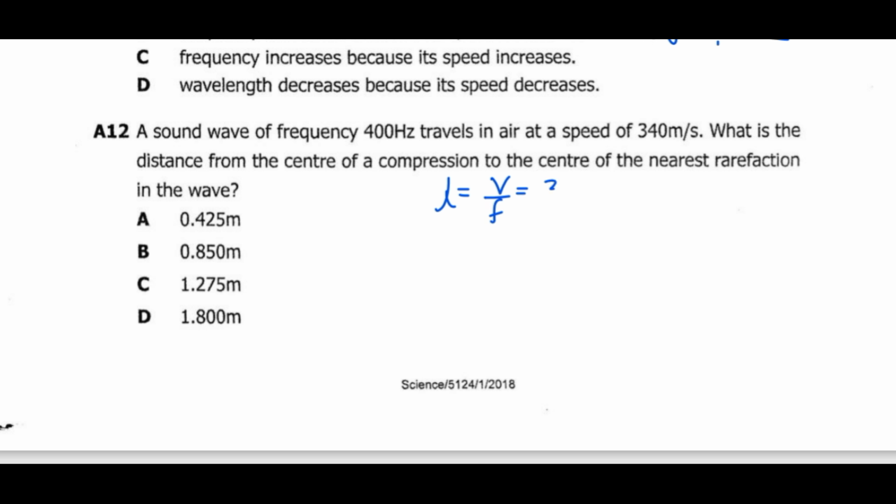So the speed is 340 over the frequency 400. 340 divided by 400, I'm getting 0.85 meters. This was the distance. So the answer is B here.